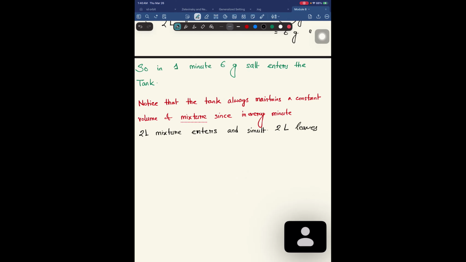So there is no net change of volume inside the tank.